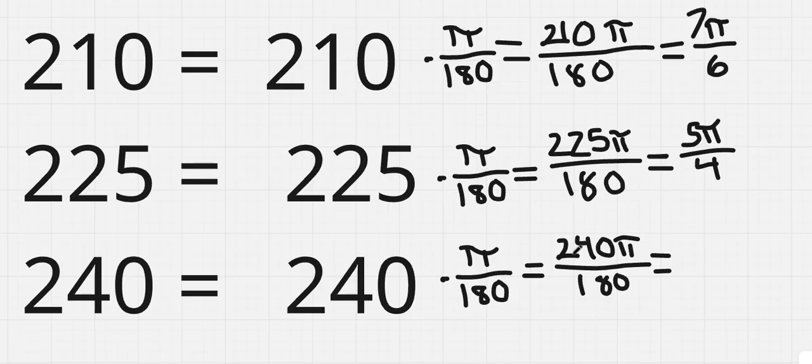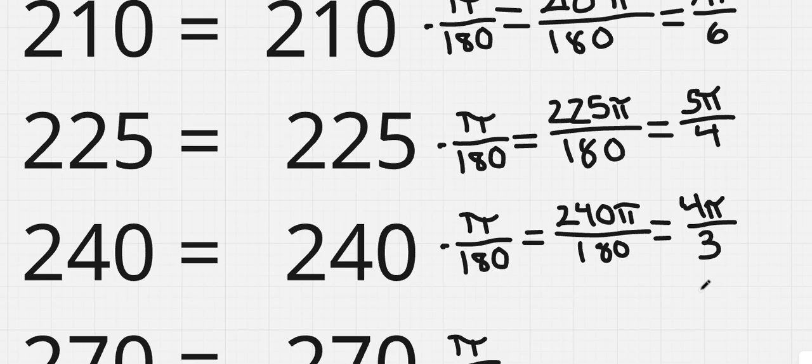So 60 goes into 240. Let's see. 60, 120, 180, 240. So 60 goes into 240 4 times. So our numerator will be 4 pi. And it goes into 180 3 times.